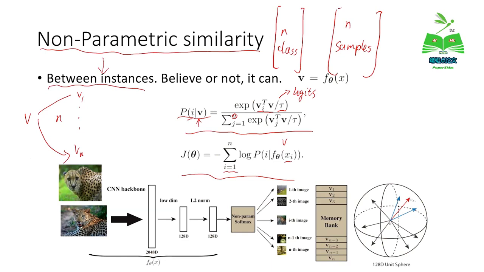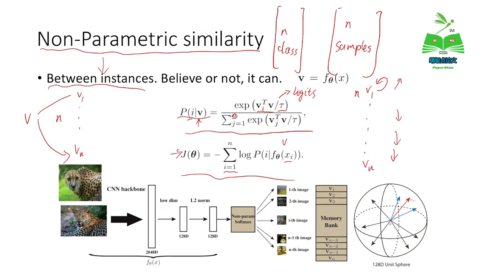So here we have n images, V1 to Vn. Here it should compare to itself. Of course, the probability should be as large as possible, and it should be pushed away from all other instances. This is the basic idea to compute this term.